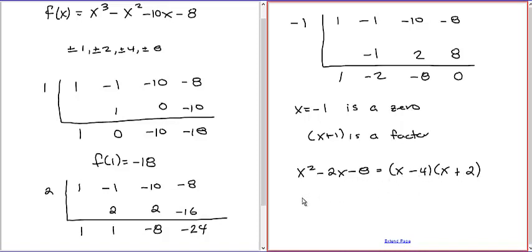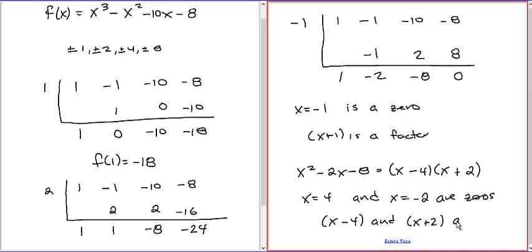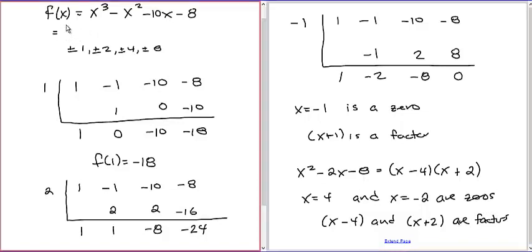So now we have that x equals 4 and x equals negative 2 are zeros, and x minus 4 and x plus 2 are factors. So what that allows us to do is rewrite the original equation in factored form. We got x plus 1 from the first guess, and x minus 4 and x plus 2.